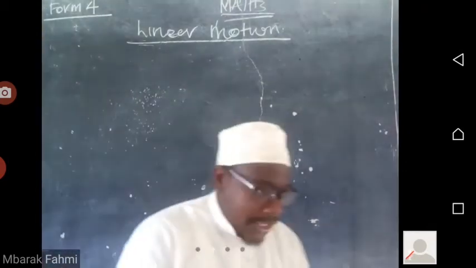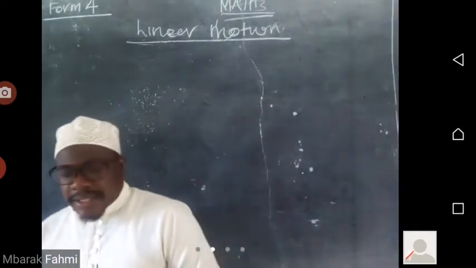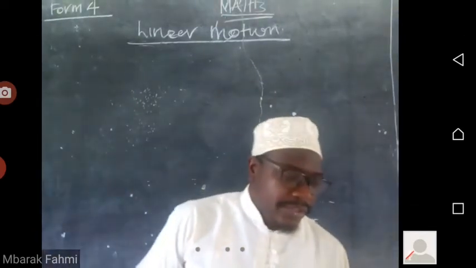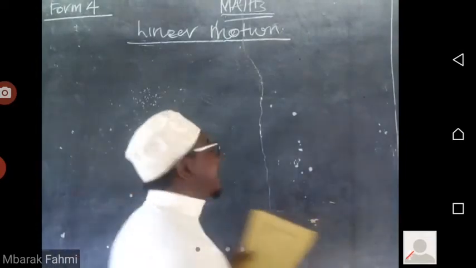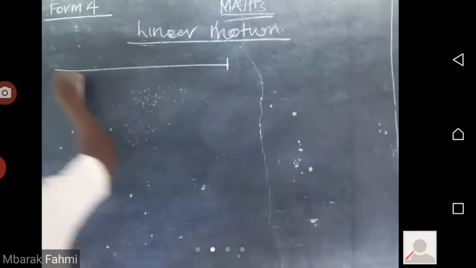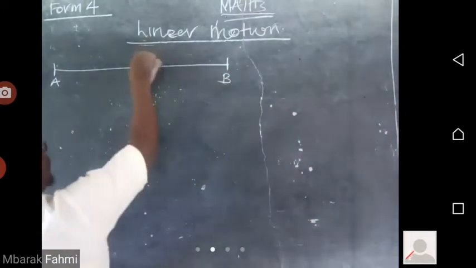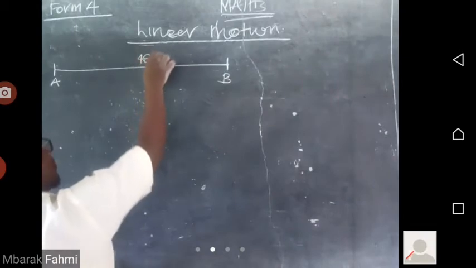Okay. Now we have this question. You're told the distance between two towns A and B is 460 kilometers.